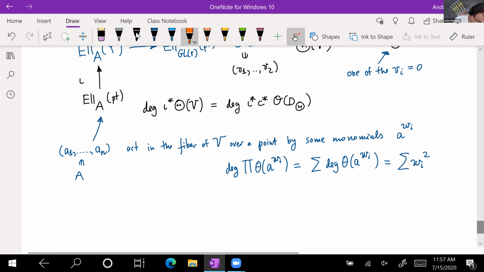In other words, this is what we've proven: if I have some vector bundle and restrict to a fixed locus, I want to compute the degree of this theta V. That has to sit, this is some element in where?